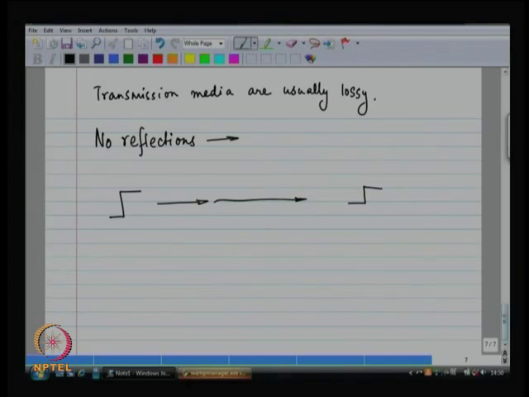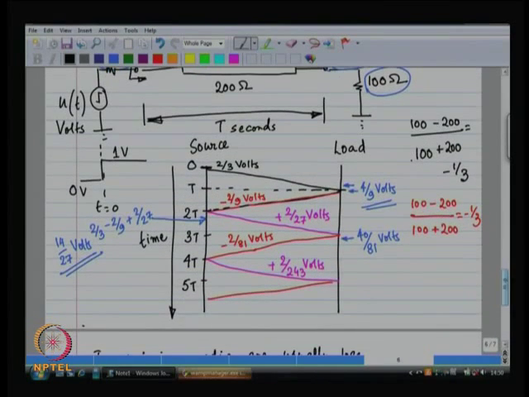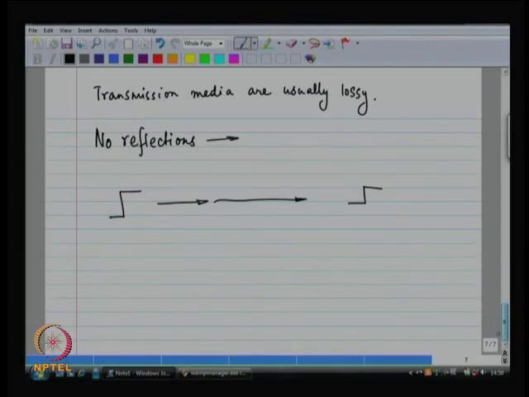So, I transmitted the pulse, I got 2/3 volts, that wave travelled all the way to the load, and from the load nothing reflected back. So, at time T, I received 2/3 volts over here.